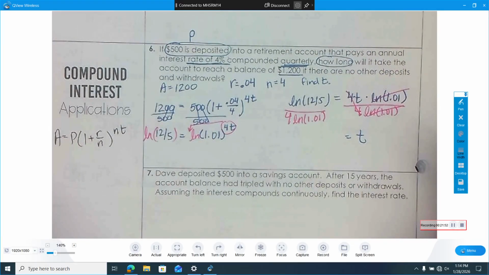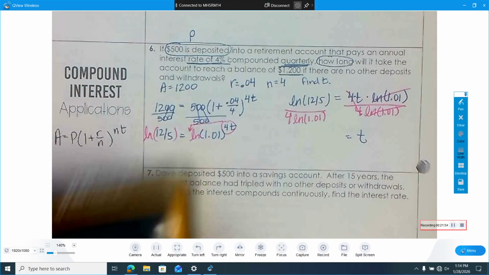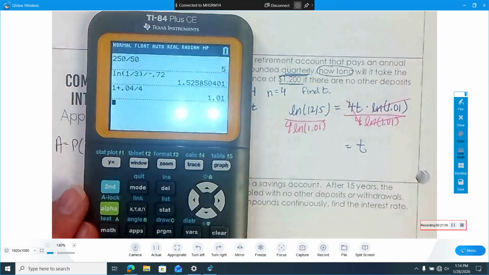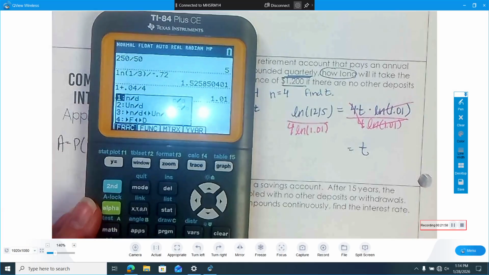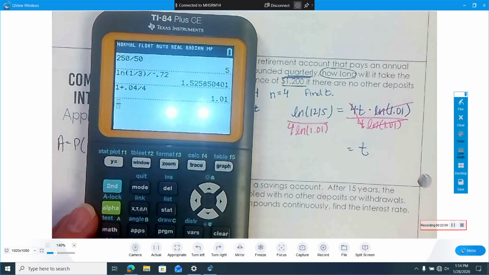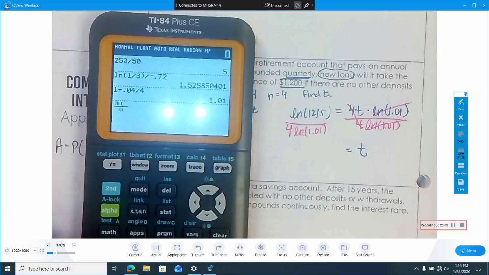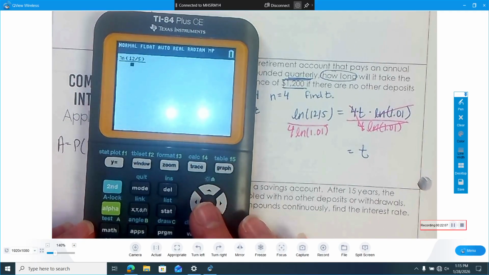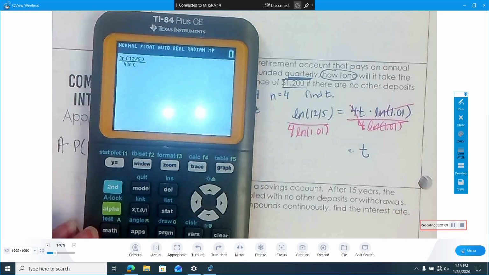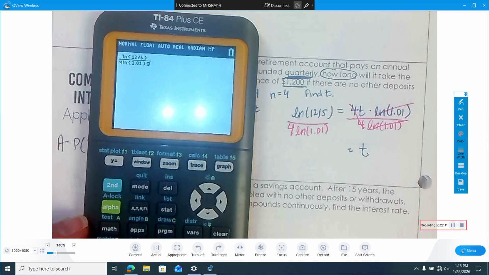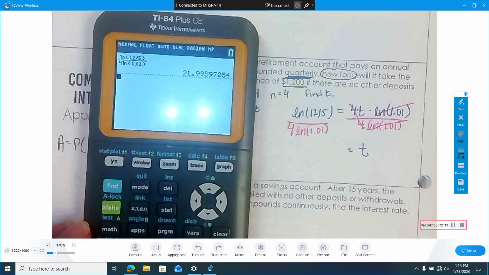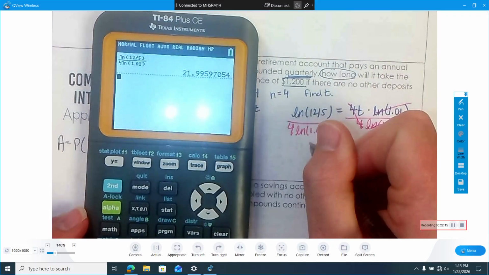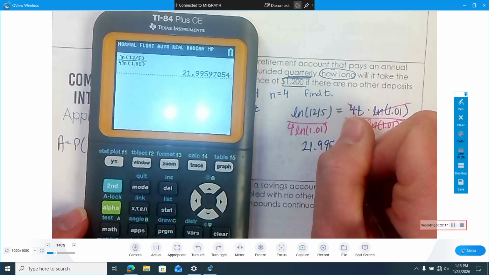Yeah. Oh, but yes, you have to be very careful. So this is one where I would use your alpha F1 so you get the fraction formatting. Just to make sure that it's good. Oh, oops. There you go. 4 natural log 1.01. Really, these problems boil down to, do you know how to use your calculator or not? 21.9959.